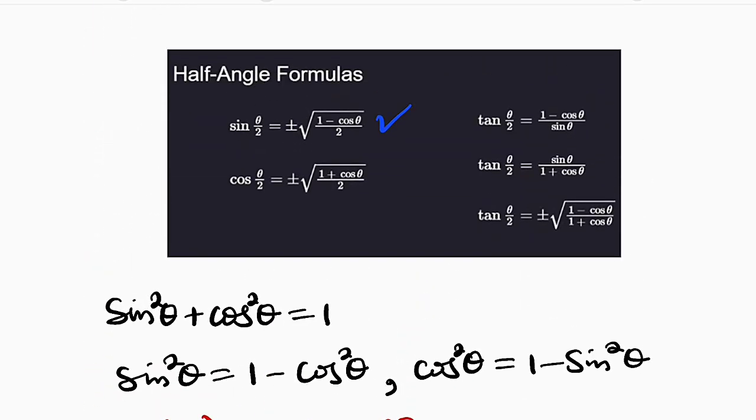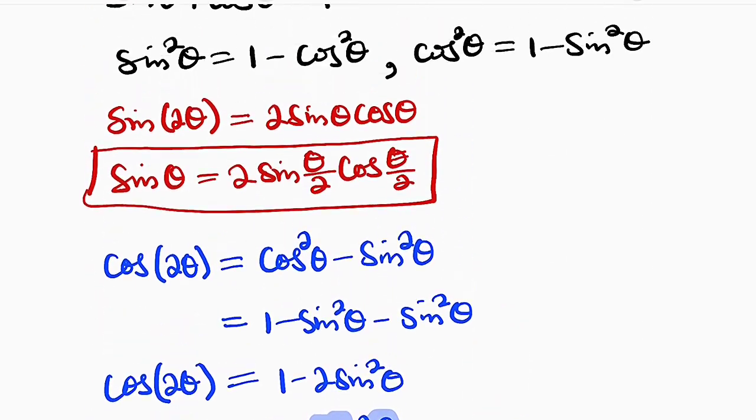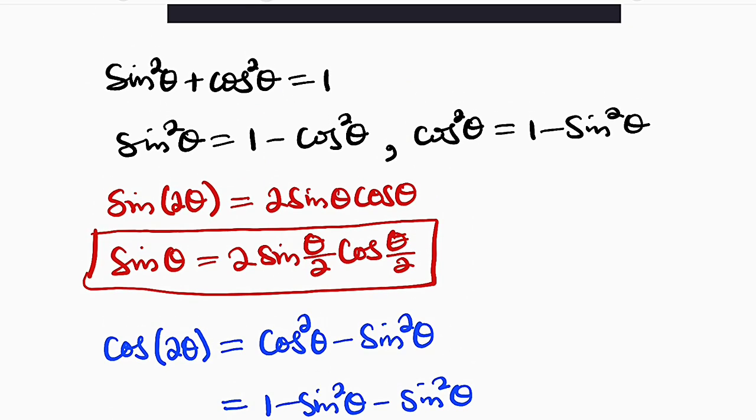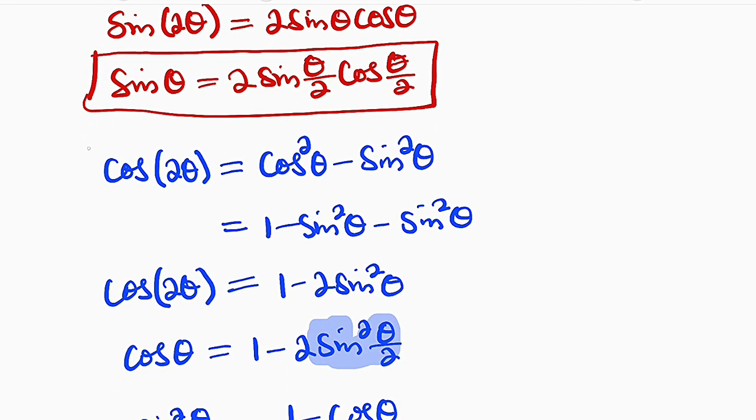Now let us move on to the second one, which is for cosine of half angle. To derive that, I'm going to come down here. Remember earlier, I substituted cosine square theta with 1 minus sine square theta. But this time around, I'm going to substitute sine square theta with 1 minus cosine square theta in this particular formula. So let me write it.